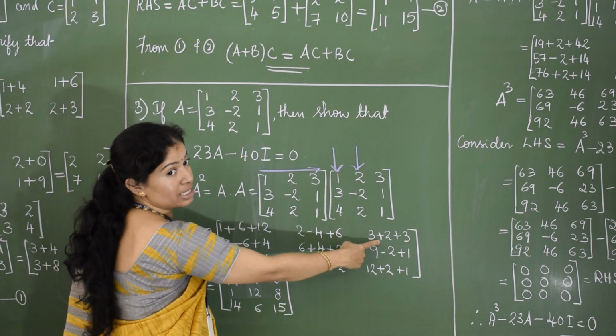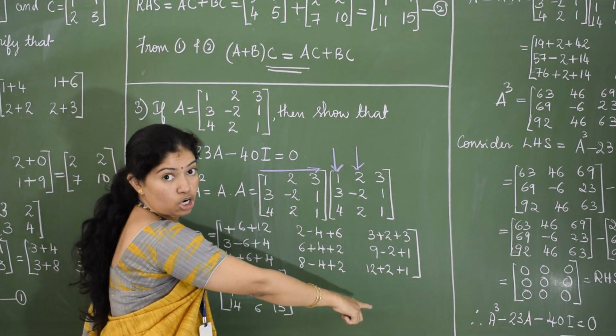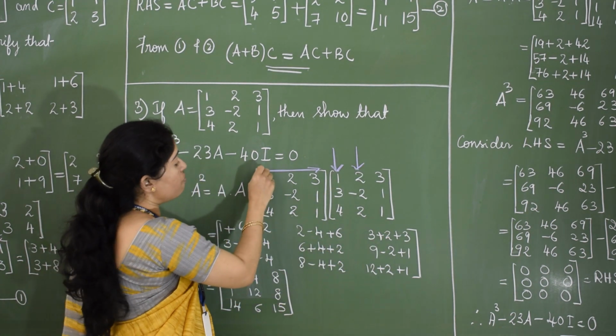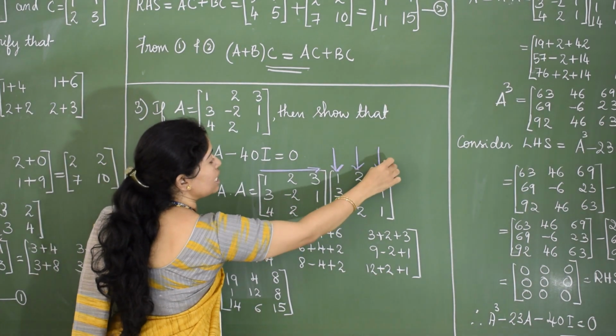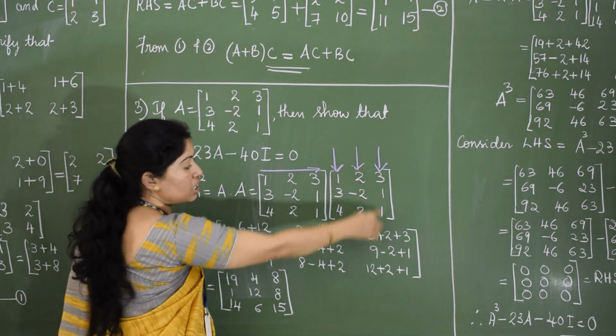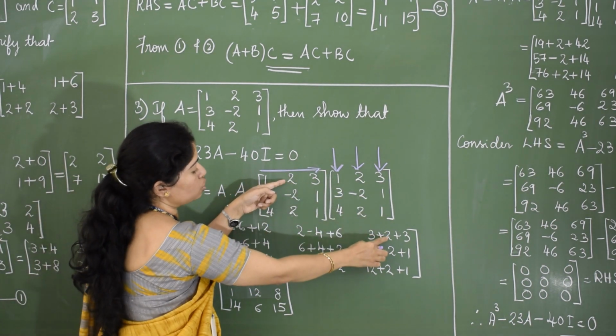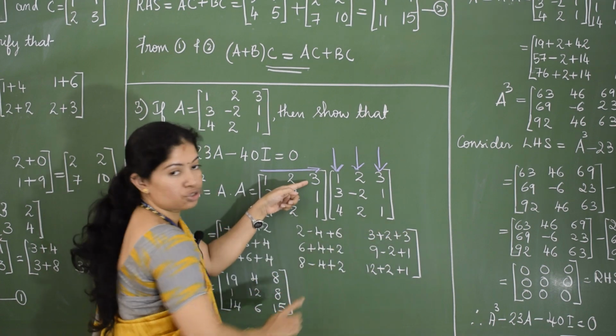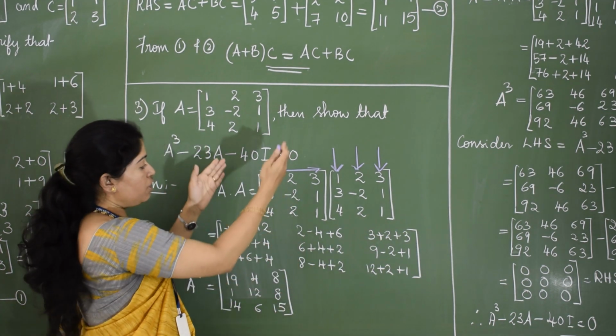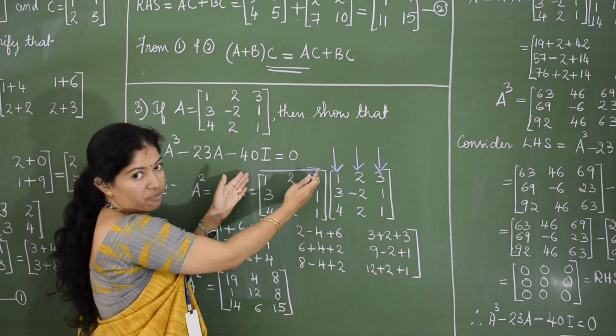Next this one, this is first row, third column. So you have to take first row, multiply the corresponding elements of the third column. So 1 into 3, 3, plus 2 into 1, 2, plus 3 into 1, 3. Okay. So what we did? We fixed the first row of the first matrix.